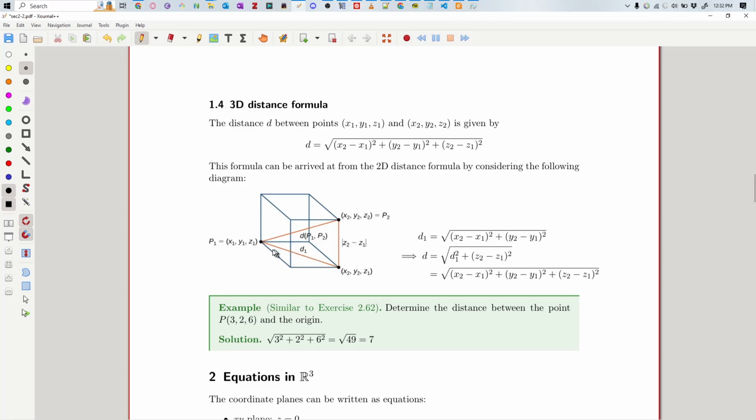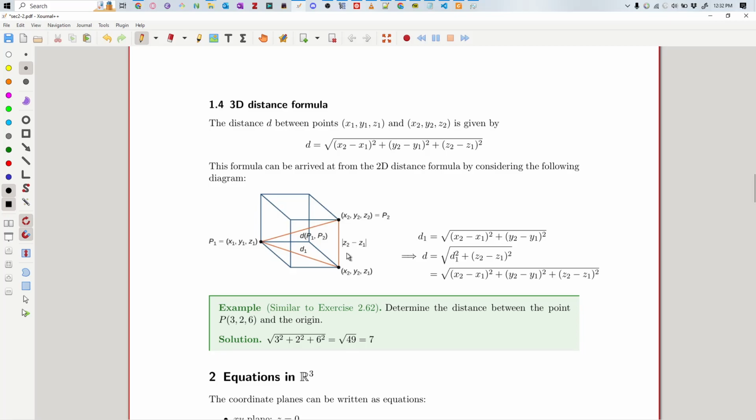We can calculate the distance between these 2 points by using the 2-dimensional distance formula, which would be this expression. And this length, well, these 2 points only differ by their z-coordinate. So this length is just going to be how far they are separated in the z direction.